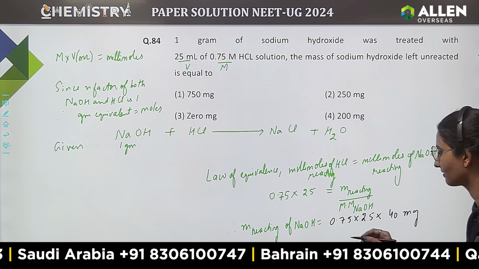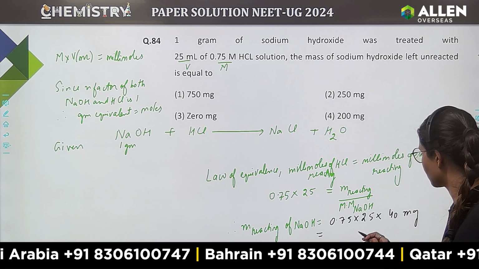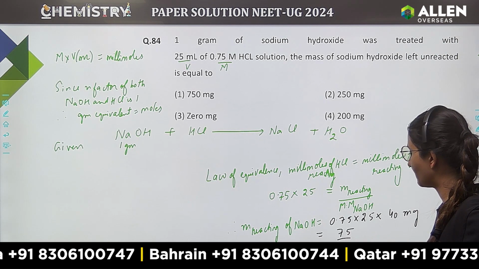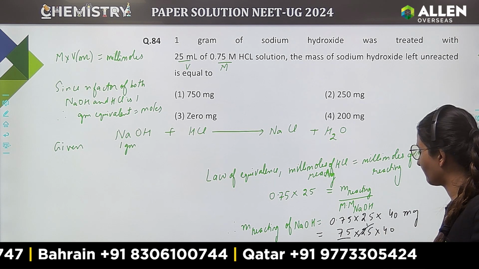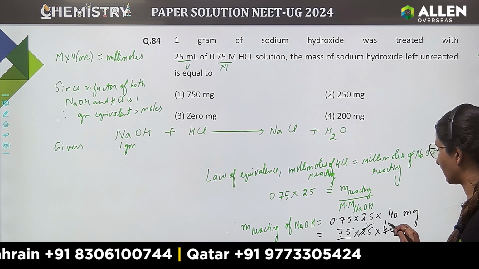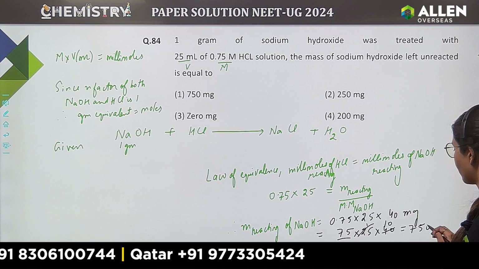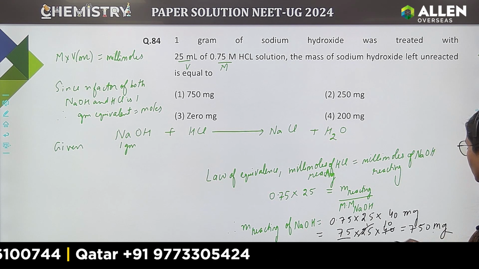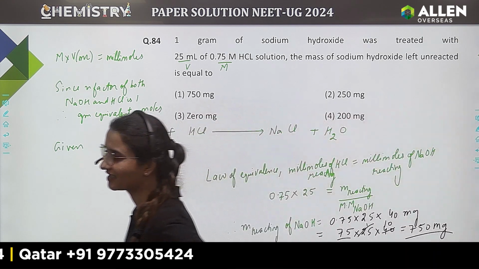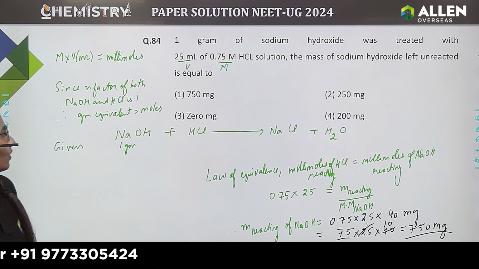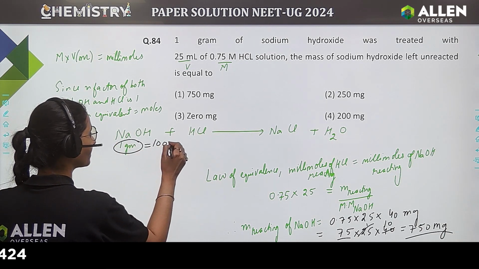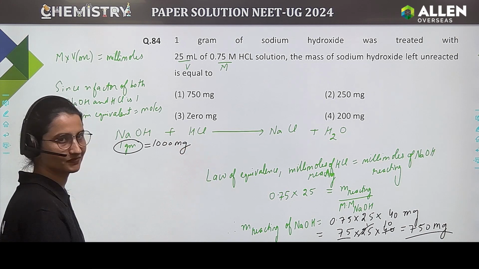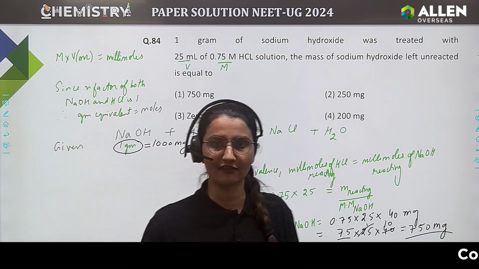Let's solve this. 75 by 100 into 25 into 40. 25 ones are 25, 4s are 100. What is it? 750 milligram is your amount reacting. What am I given? 1 gram. 1 gram is also equal to 1000 milligram, no? How much amount will be left?